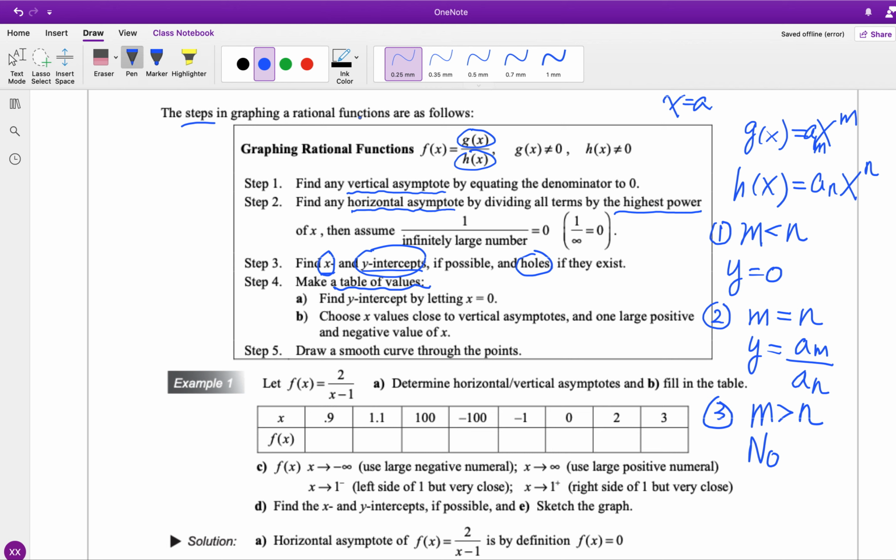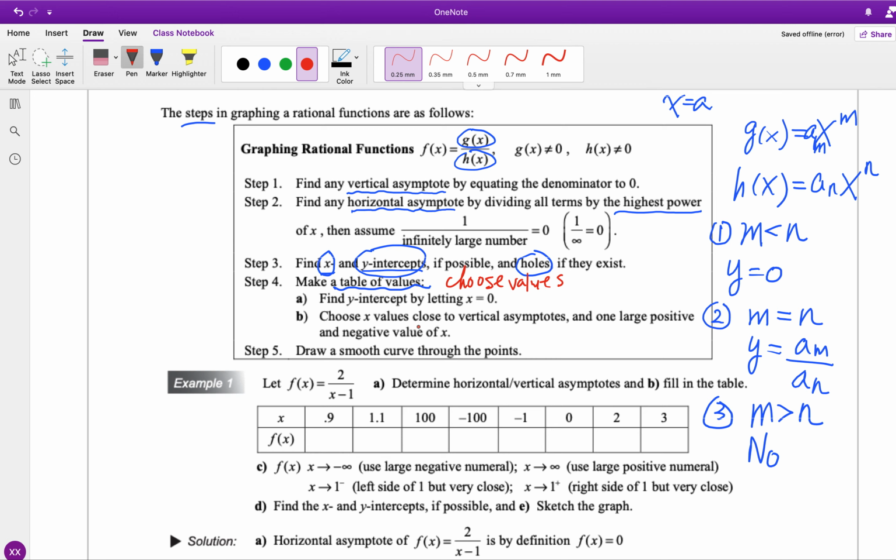Now, making a table of values is one thing, but the most important thing, as we also talked about in the last video, is how to choose values. This is very important. First of all, find the y-intercept, so I'll know this point is over here.